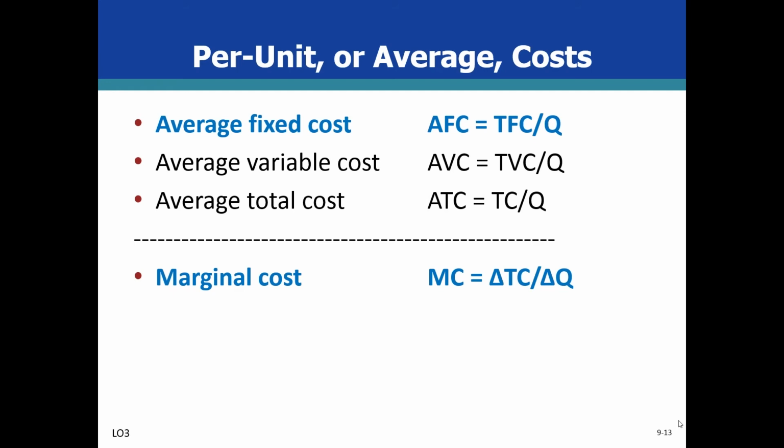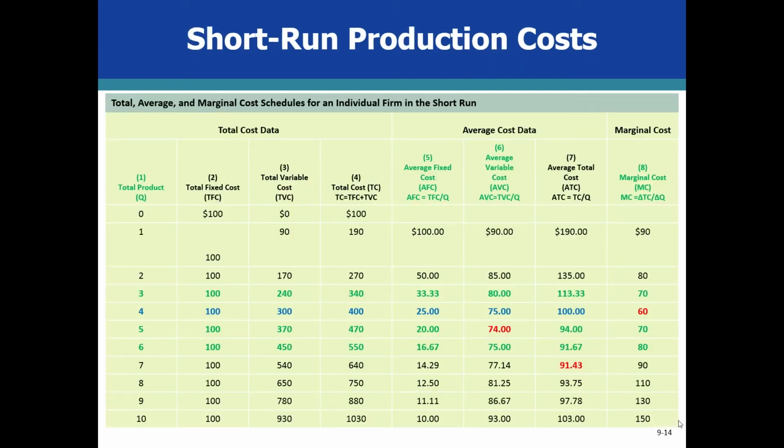Okay? Those are the two concepts that we want to get to on this chart. Thinning the fixed, the average fixed cost will go down as the quantity produced increases, and the marginal cost is just like product. What's the increment? Okay.